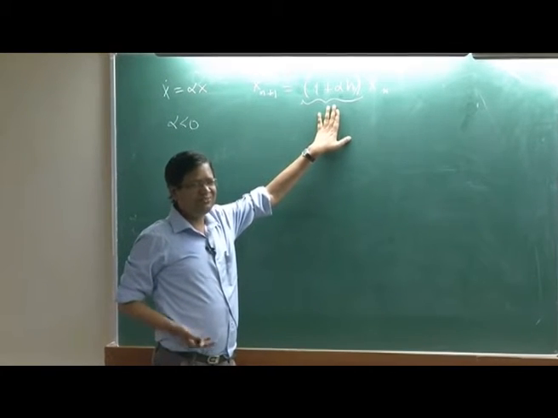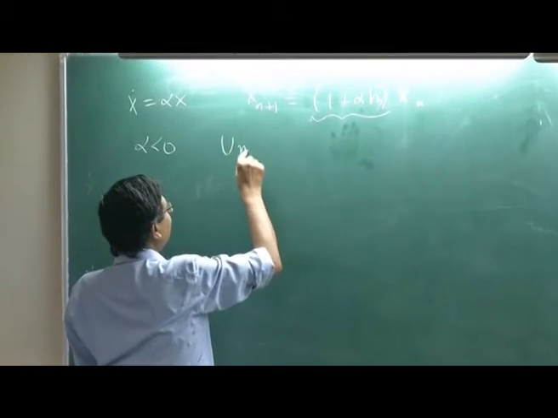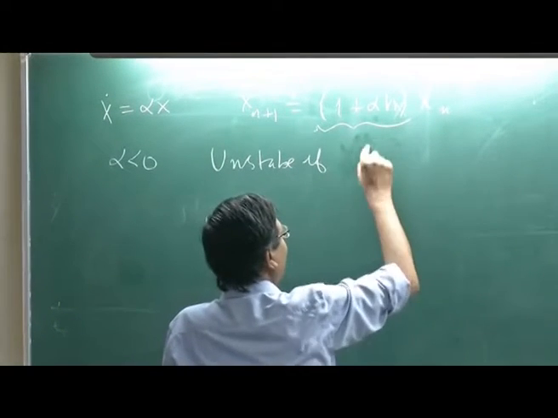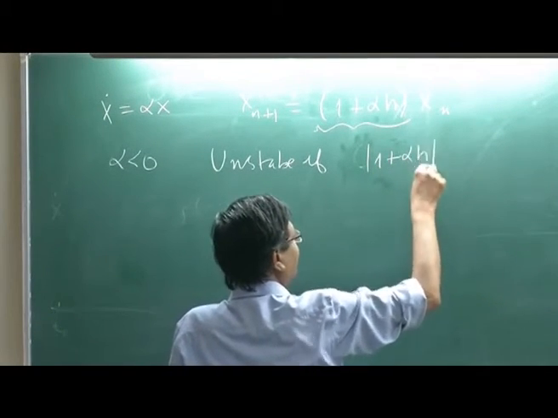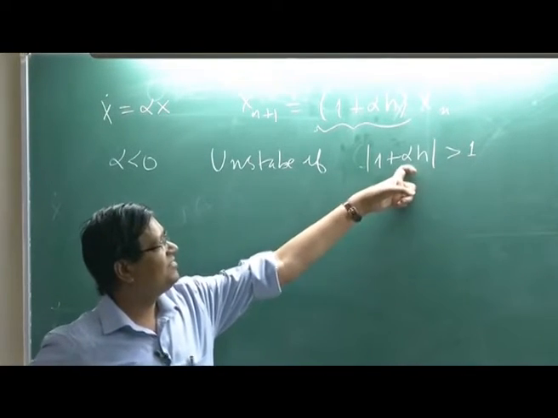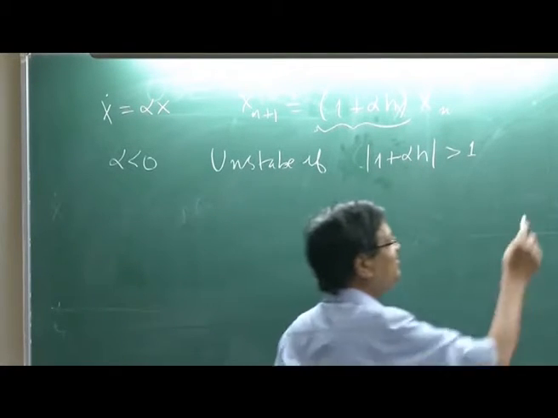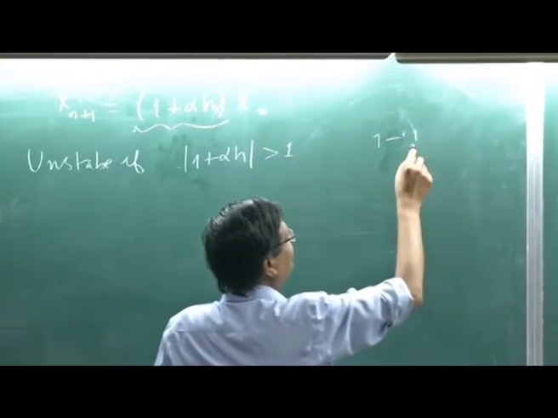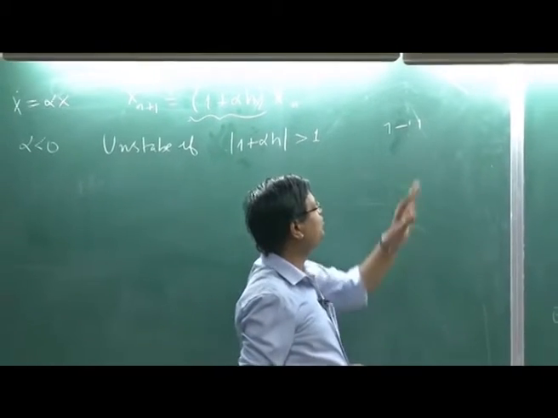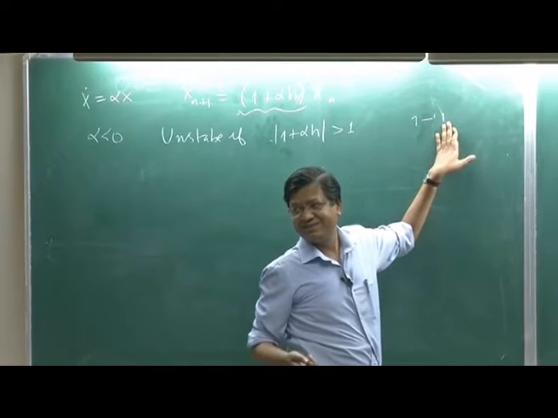Now we can of course choose h so that it becomes greater than 1. So this is unstable if 1 plus alpha h is greater than 1. Imagine alpha is minus 1, just to give you a trivial example. h is your choice; I could choose h as 3.